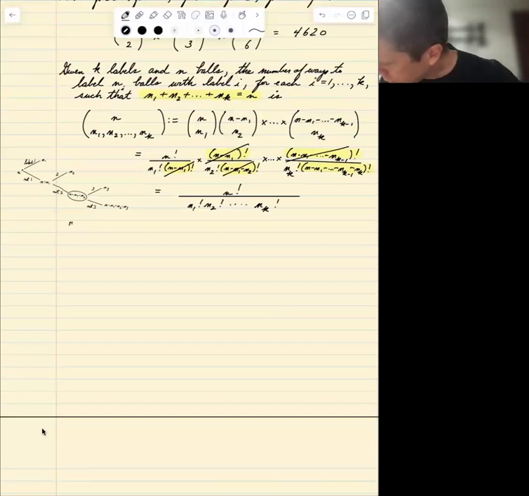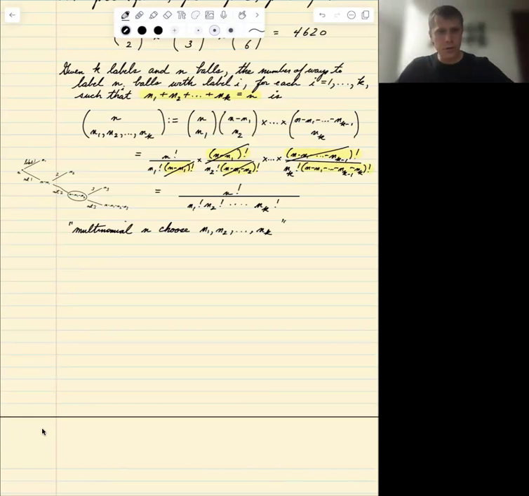So this is going to be called multinomial n choose n1, n2, ..., nk. It's called a multinomial coefficient. Why is it called this?